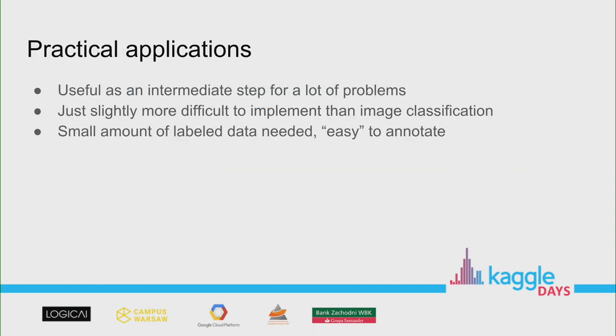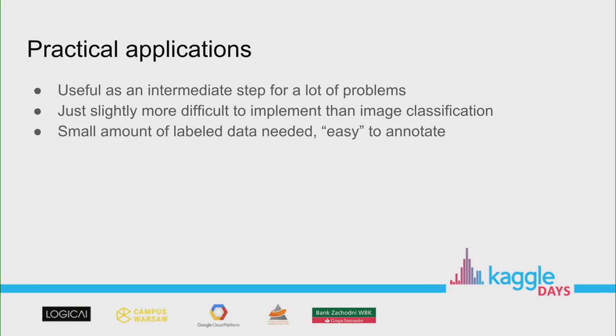And so in practice, if you already have a semantic segmentation task, that's great, but often, as we've seen, you can have some different task, and semantic segmentation can be a useful intermediate step. Why? So first, it's really simple to implement. It's just slightly more complicated than doing simple image classification. And second, it can allow you to see what the model is doing.